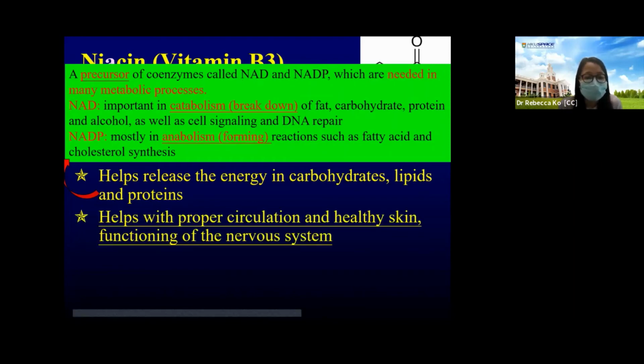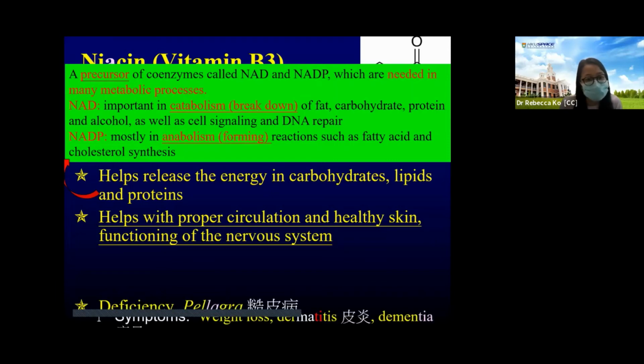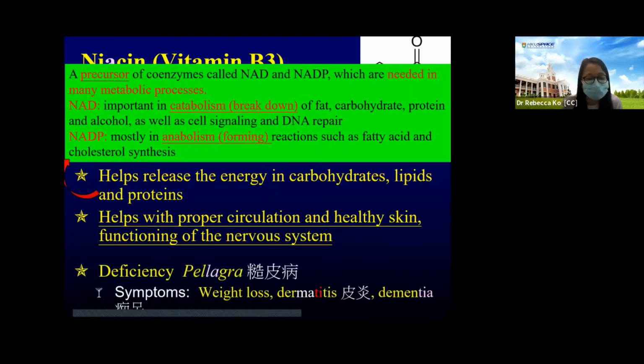Other than that, it helps us in circulation and healthy skin as well, and the functioning of the nervous system. Wow, many uses. So that's why we should have enough intake of vitamin B3, because it's involved in the most important processes in our body, right? If let's say there's a deficiency, then we call it pellagra.